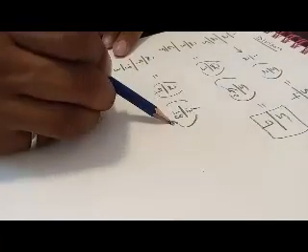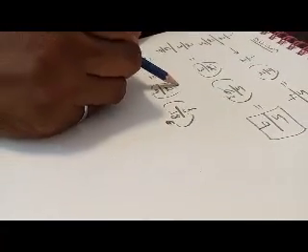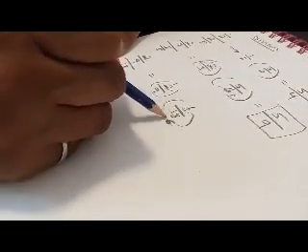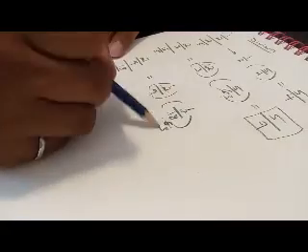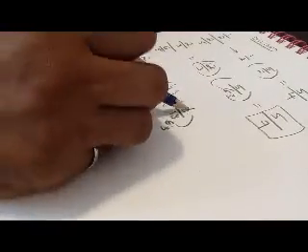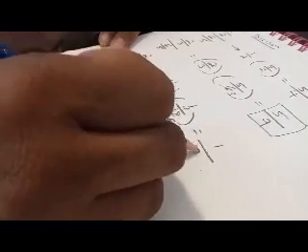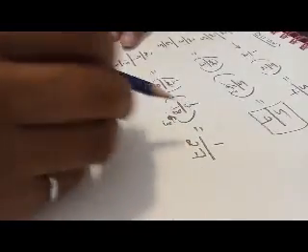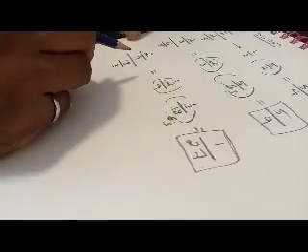Now I see 2 and 6, so I can make this 1, this will be 3, right? 6 divided by 2 is 3. Now what's 1 times 1? 1. What's 9 times 3? Is 27. So your answer will be 1 over 27.